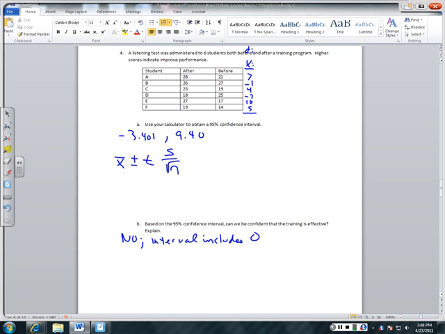And I get the sum of those numbers to be 18. So x bar is equal to the sum of the x's divided by n, or 18 divided by 6 is 3.